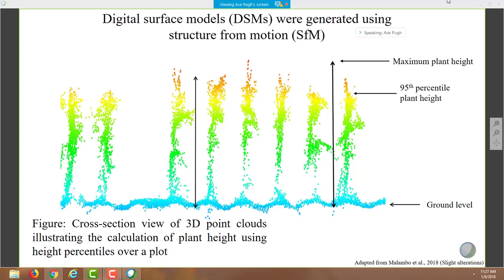Does that help at all? It's kind of like this picture shows. So then we could imagine that there's a 90th percentile and a 75th percentile. Yeah, there would be any number, but we chose these percentiles because they performed the best for this study.